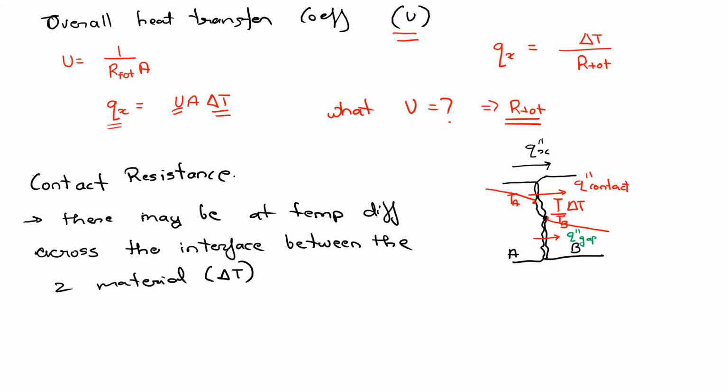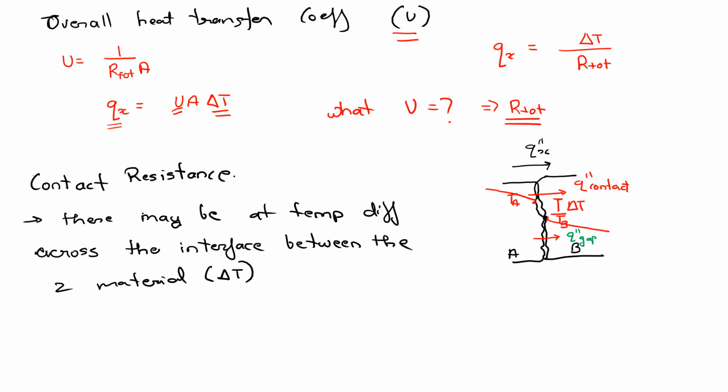So if we have something like this in a composite material, and if the value of thermal resistance is given or needs to be found out, and if the problem says that the two interfaces that you have are not at the same temperature, they have a certain temperature drop or temperature difference between them, that means that some finite amount of thermal resistance exists and you cannot ignore that.